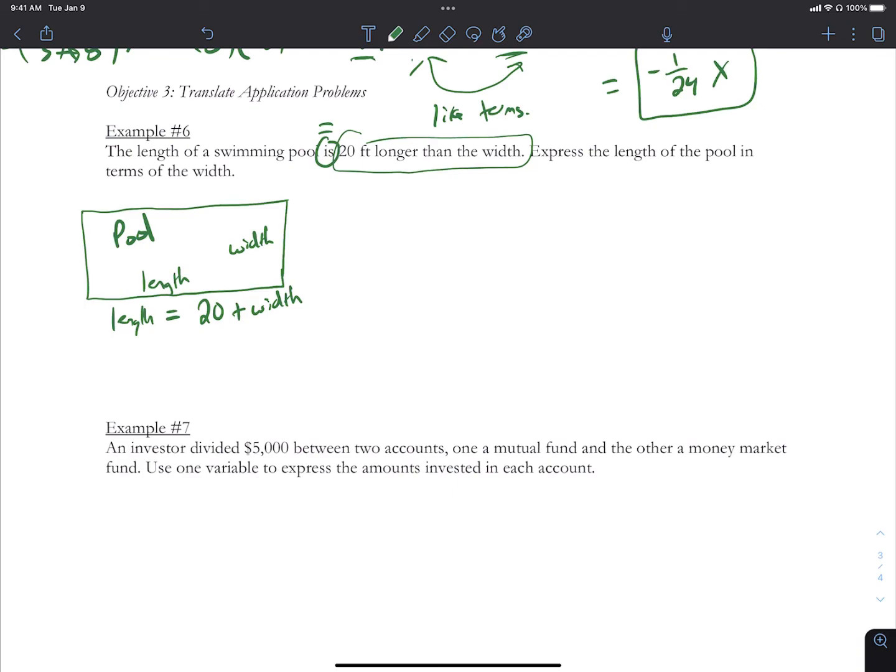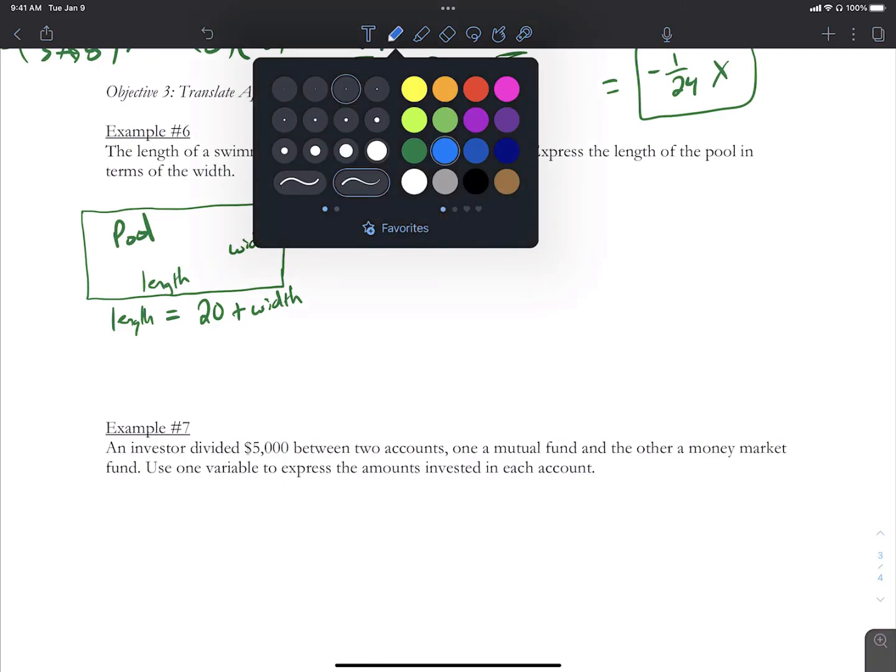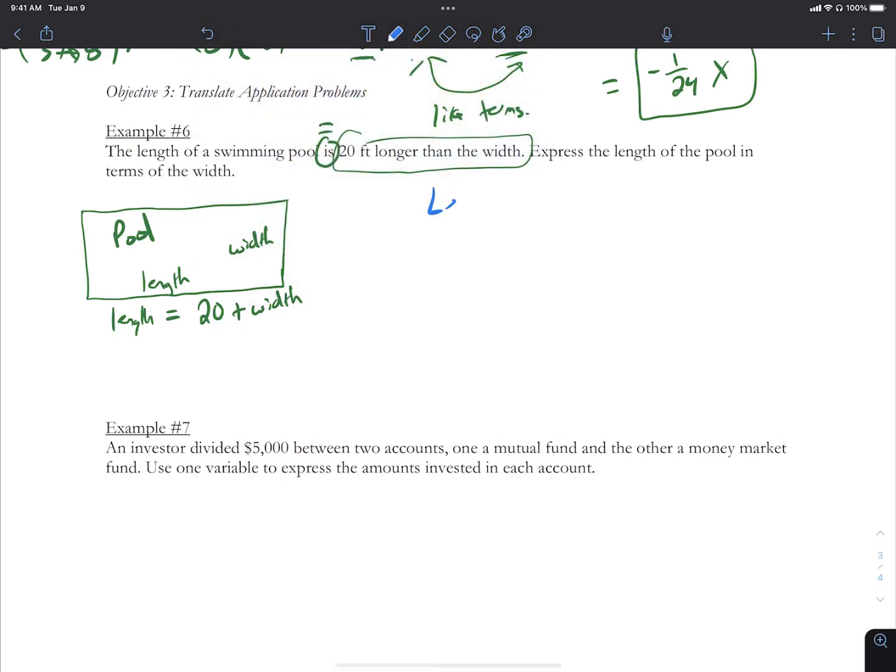And so we want to write this in a way where we're using a variable. Maybe the most natural thing to do would be to let W equal the width of the swimming pool.